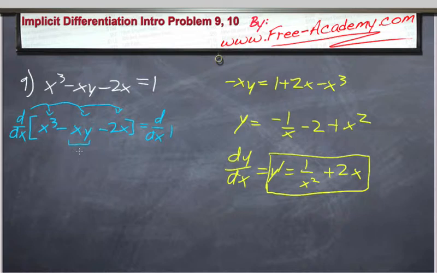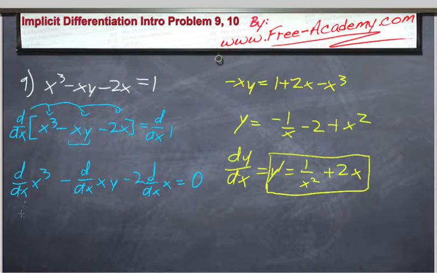And we'll need to use the product rule on the term x times y. But for starters, the derivative with respect to x of x to the third minus the derivative with respect to x of xy minus 2 times the derivative with respect to x of x equals the derivative with respect to x of 1, which is 0.